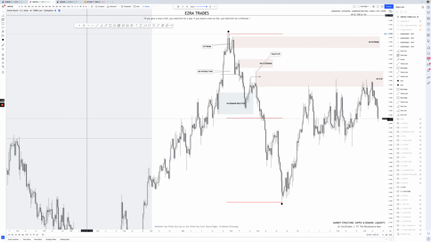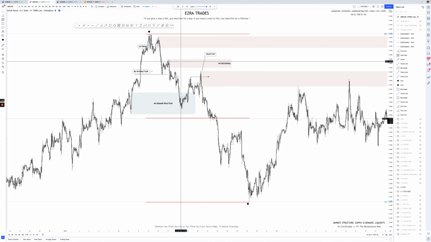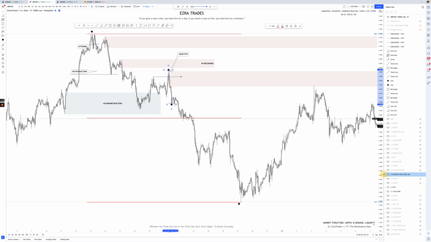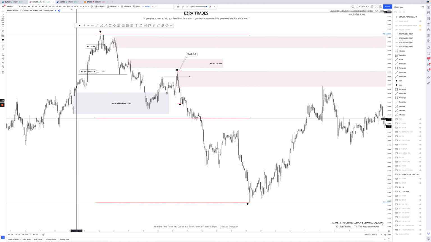Go down to, did I label it? I think, let's see, the 1 hour structure maybe. Let's see here. It would be refined structure. What did I label that as? 15 minute. There we go. 15 minute. Okay, so we're gonna go to the 15-minute time frame.